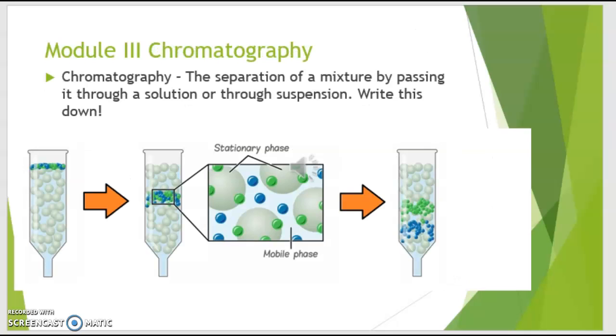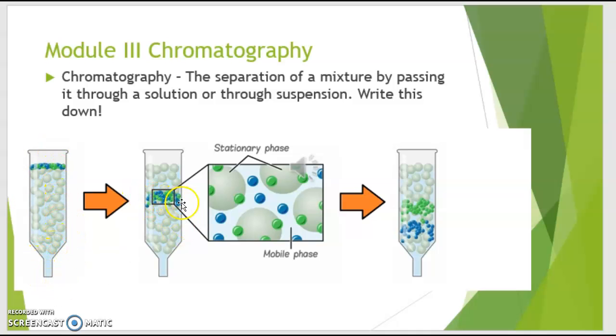So how we're going to do this here is we would have used a column chromatography, separation of mixtures by passing it through a solution or suspension, and so that's an important term you'll want to know. And in column chromatography, as I mentioned, there'll be like these little beads that have certain characteristics to them.